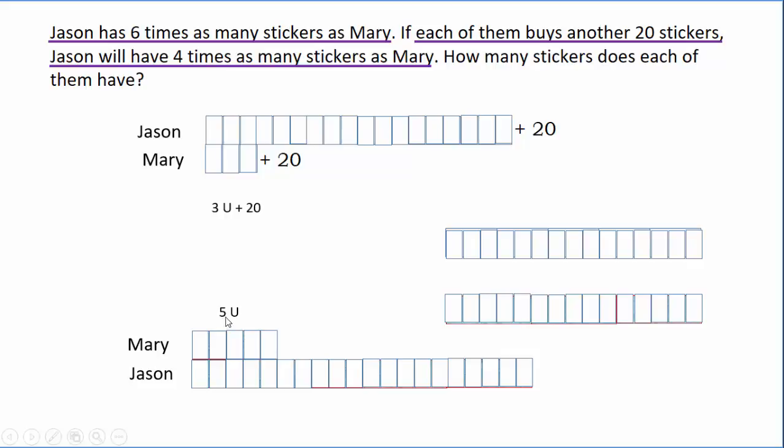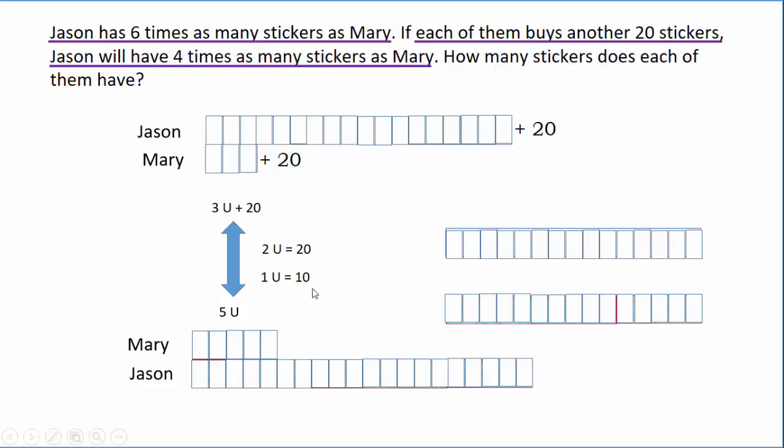So since these two are equal, it's very clear that these 2 extra units is equal to the 20 stickers. 2 units is equal to 20 stickers, and 1 unit is equal to 10 stickers. Since one unit is 10 stickers and all of these are of the same unit sizes, Mary at first had 3 units.